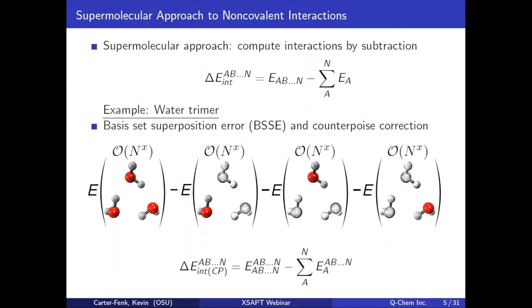And I've just notated that mathematically at the bottom of the slide, where the superscript corresponds to the basis set that's applied, and the subscript of the energy terms still refers to the system of atoms that are explicitly included in the calculation.